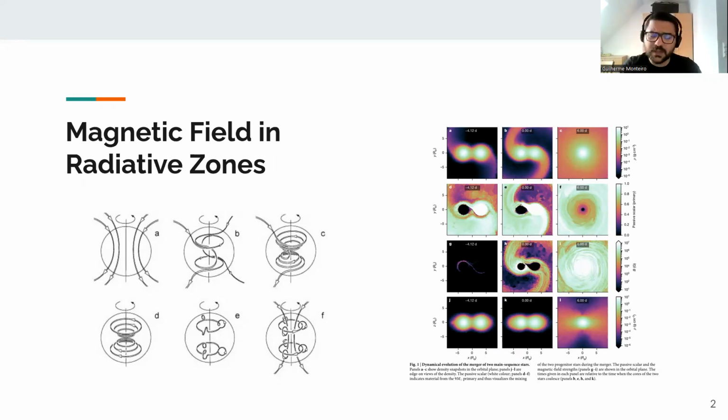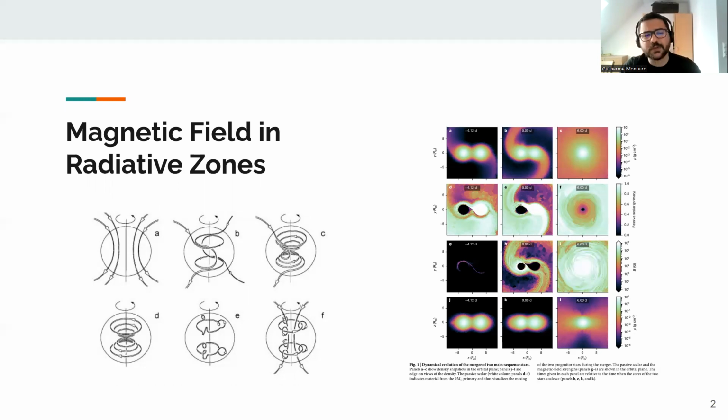And the second one will be the alpha effect that will twist meridionally those lines once again into a poloidal field component. If we look at the sun, the agents responsible for those effects are the differential rotation for the omega effect and the eddy movements and turbulent movements for the alpha effect.